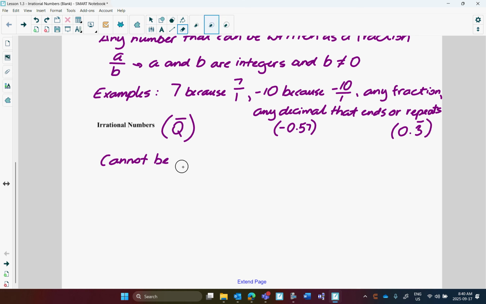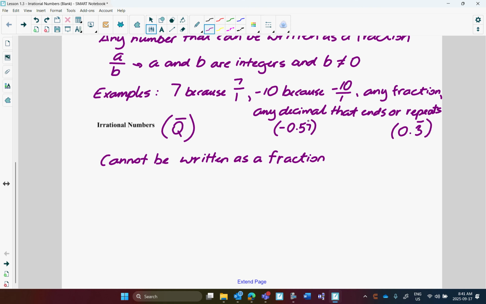Cannot be written as a fraction. Which means it's not any of the above numbers. Okay? Or it's a decimal number that never repeats and never ends.